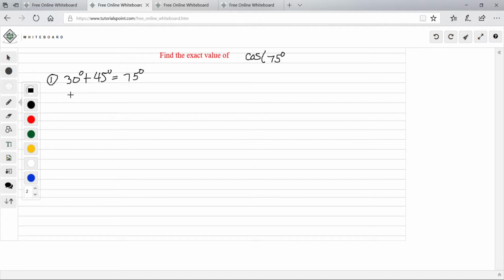Now the next step is to use the cosine sum formula. Cosine of alpha plus beta equals cosine alpha times cosine beta minus sine alpha times sine beta.